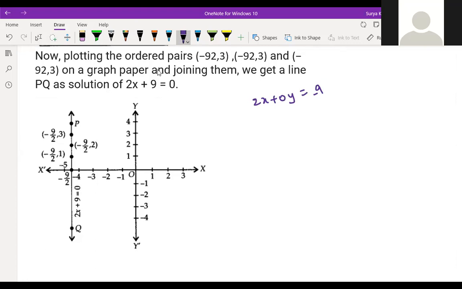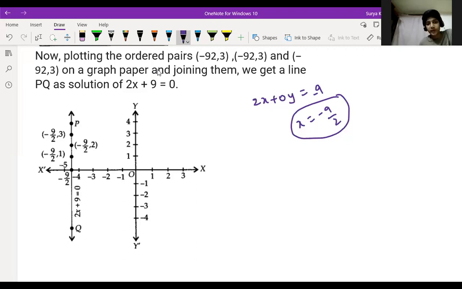Here, if y is equal to 1 you put, then also you'll get x is equal to something. Whatever the value of y you put, you will get the answer x is equal to minus 9 by 2 every time. Sir, how did we plot minus 9 by 2?